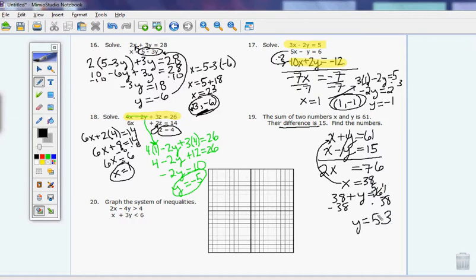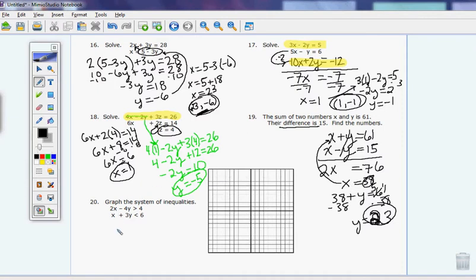We had to get a 5 here. I don't know why I wrote a 5 there. So 23. 38, 23, sorry about that confusion there. 38 and 23, difference is 15. They add together to give you 61. We did the problem correctly.